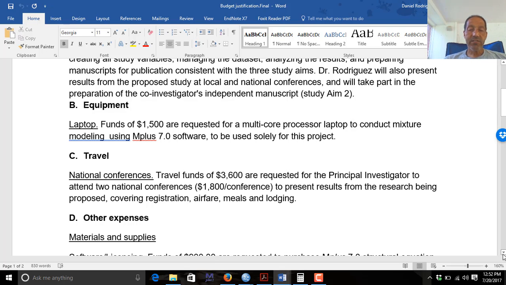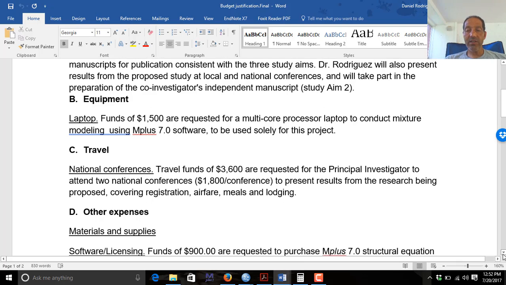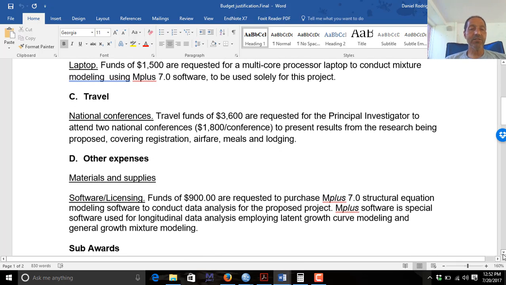Travel to national conferences. The travel estimate is interesting because you want to cover all the expenses possible. So I put $3,600 to attend 2 national conferences, so that's $1,800 per conference, which would cover registration, airfare, meals, and lodging.